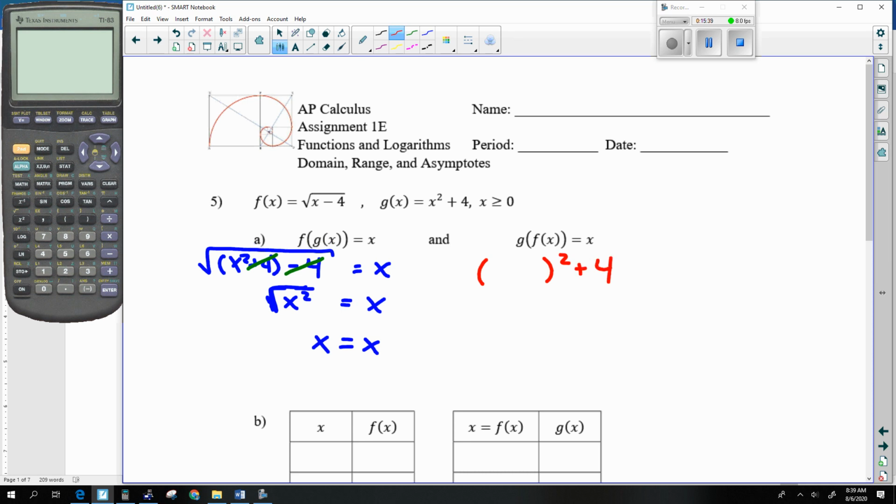I see that the f is inside the g. Square root of a square of a square root, x. And then I see the minus 4 plus 4.